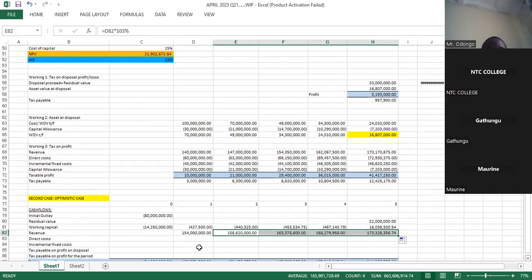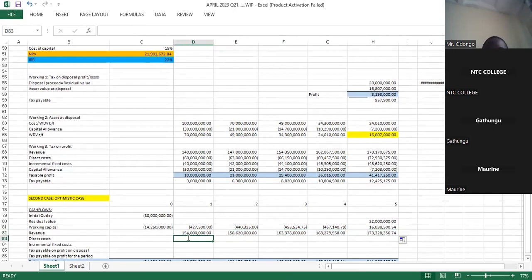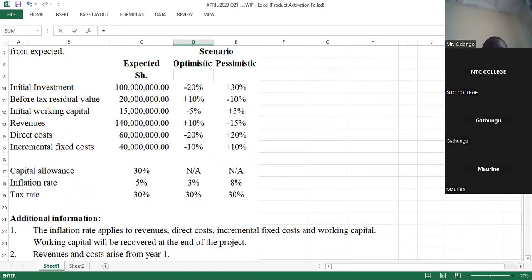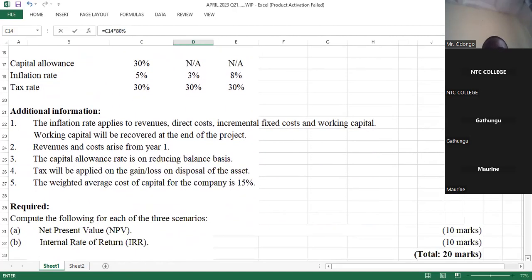The first expenditure, we had the direct costs, which for period number 1, I pick that for the expected, 60 million. I multiply by the direct cost change of negative 20% under the optimistic case. So that means I multiply by 80%.